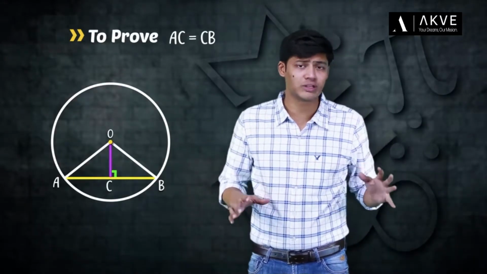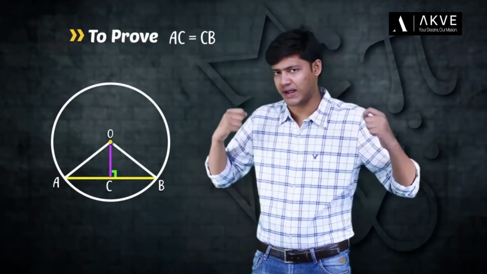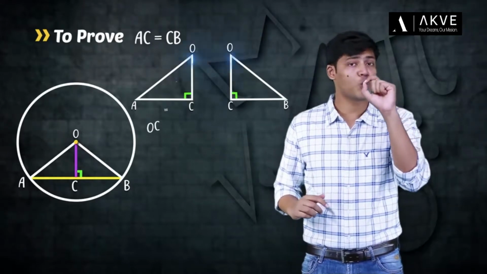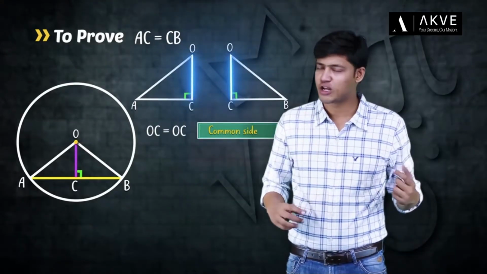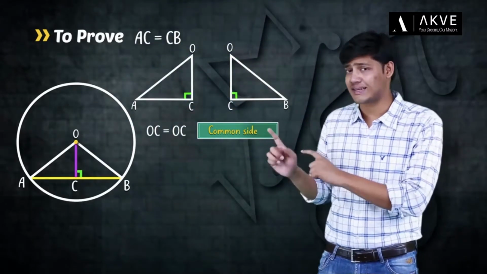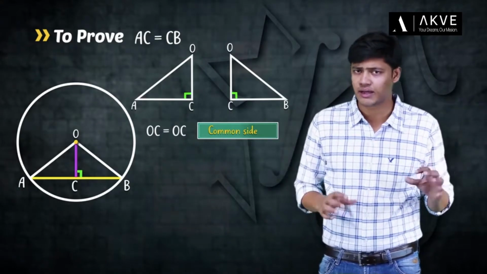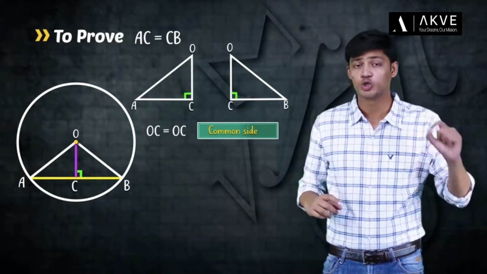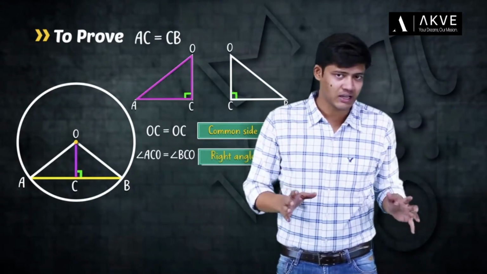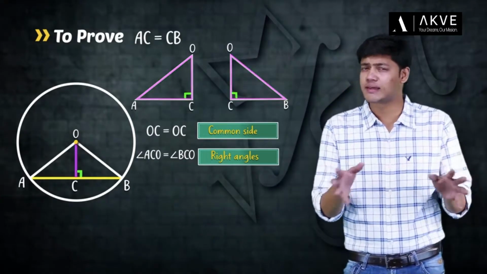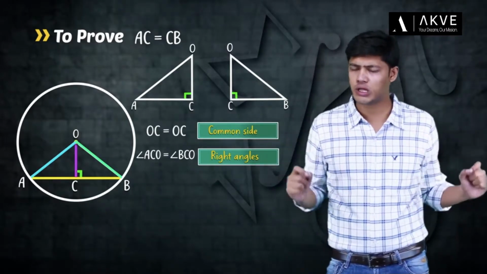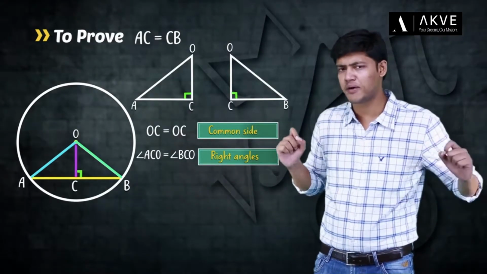Now, how do we prove that they are congruent triangles? First, let's observe the equal measures in both these triangles. If you observe carefully, for both these triangles, the side OC is the common side. So, that's our first observation. Also, both these triangles are right angle triangles, right angled at C. So, the angle ACO is equal to the angle BCO. What else can be equal? If you observe OA and OB carefully, are they equal?